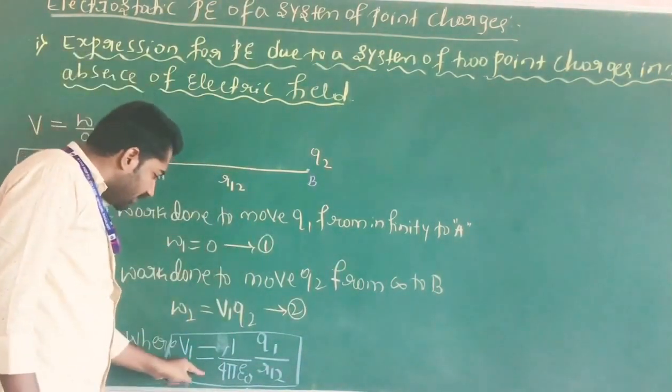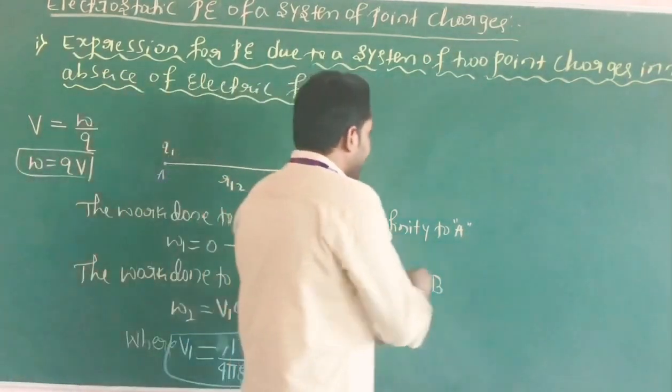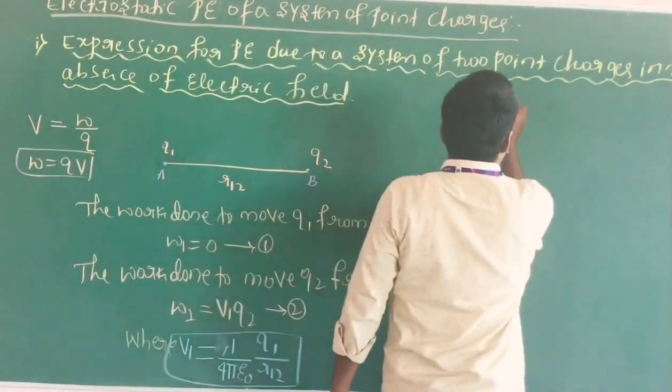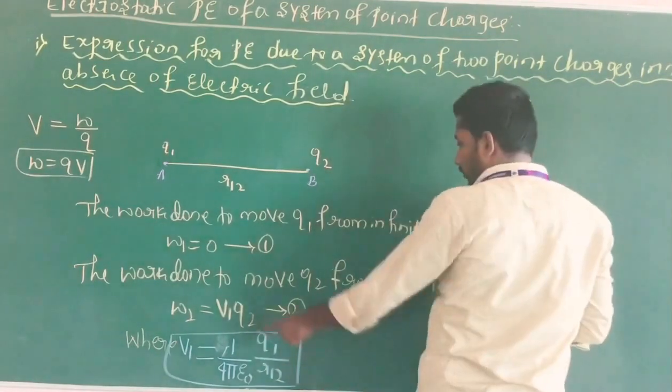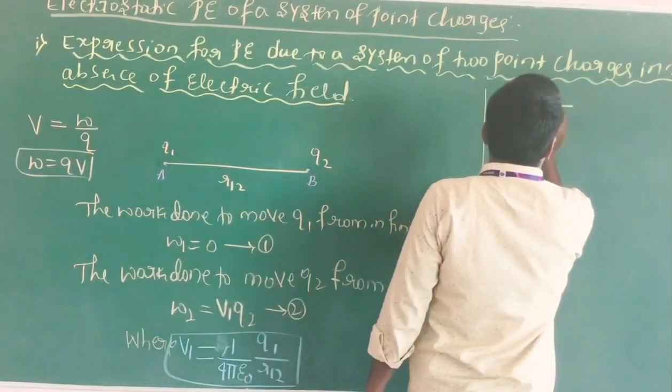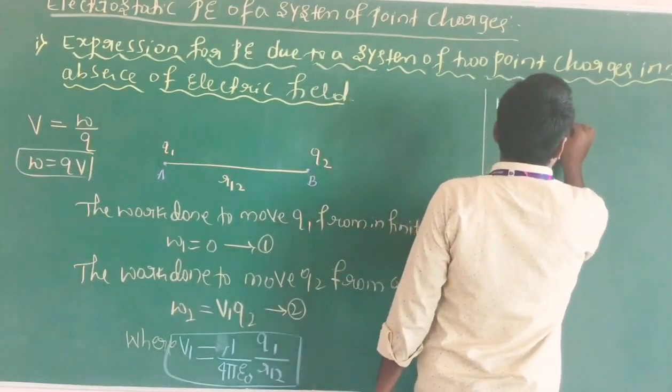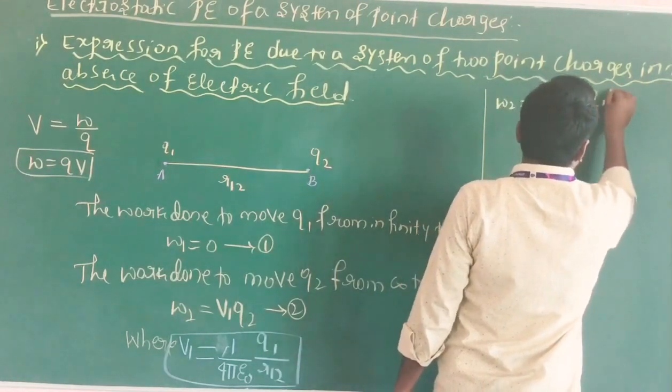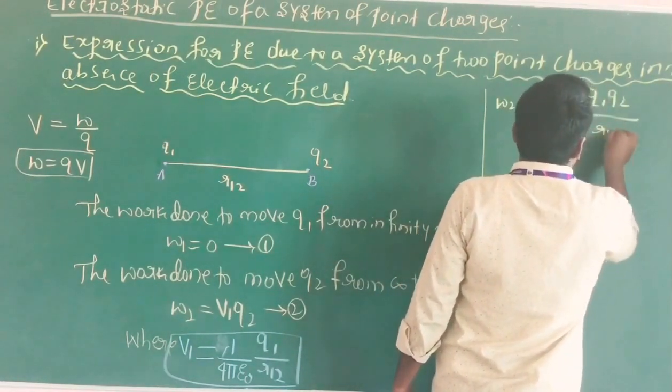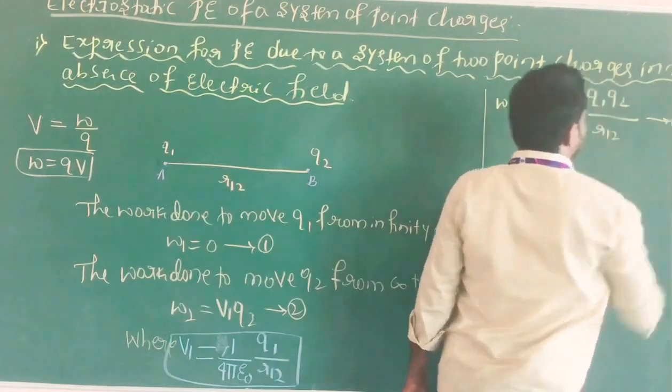Now substitute this value in this equation. We get W2 is equal to 1 divided by 4 pi epsilon naught, Q1 into Q2 divided by R12. This is equation number 3.